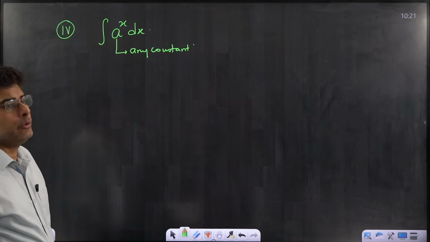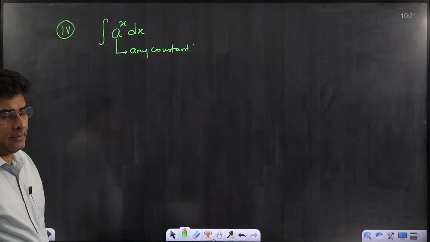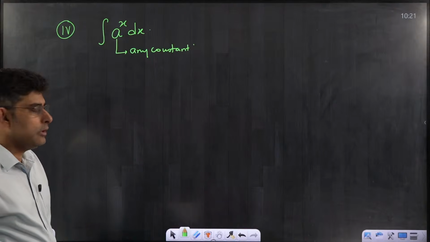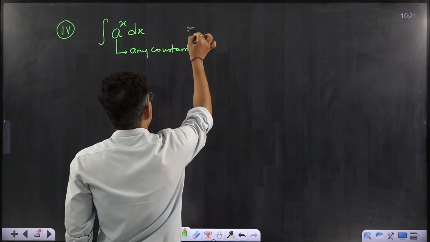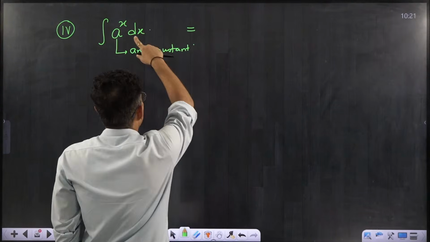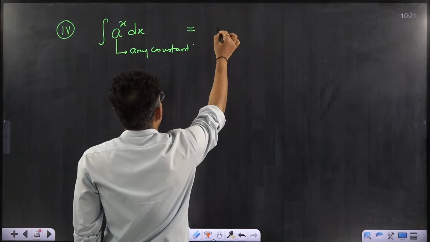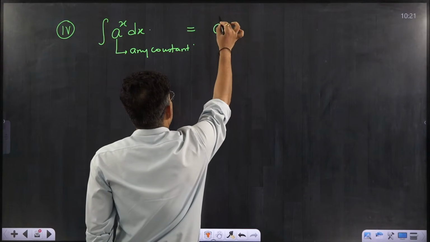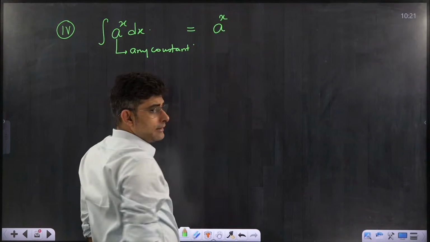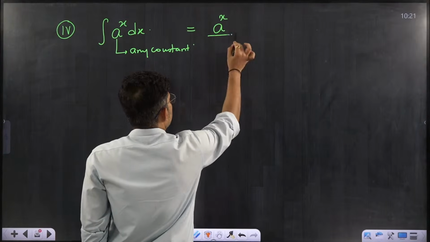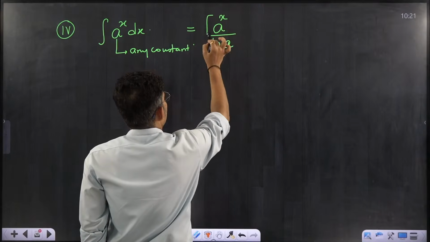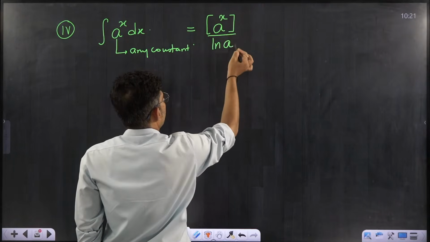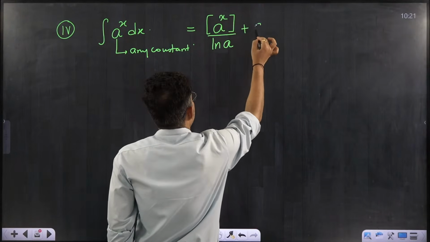It is found just like e to the power x, but it uses the concept of logarithms. If it was e to the power x, you know the integral; the same you will have for a to the power x, only this term gets divided by natural log of a. So when you integrate, you divide by natural log of a, plus c.